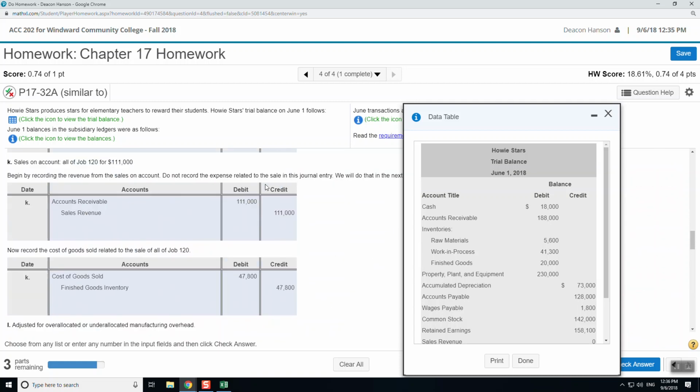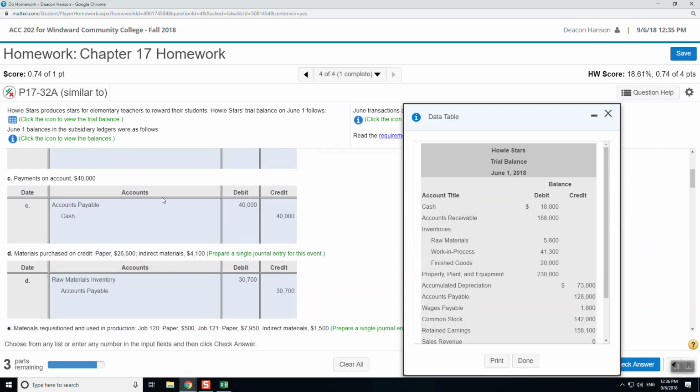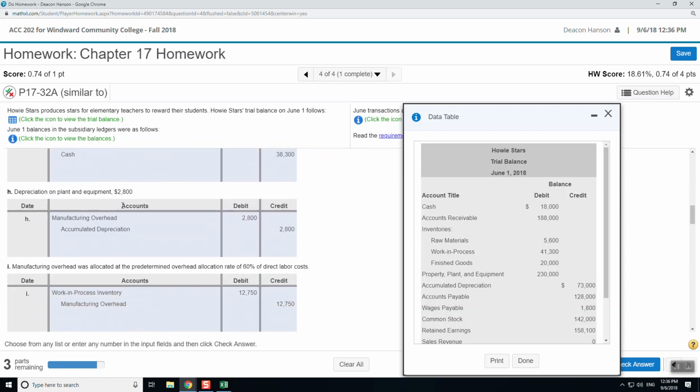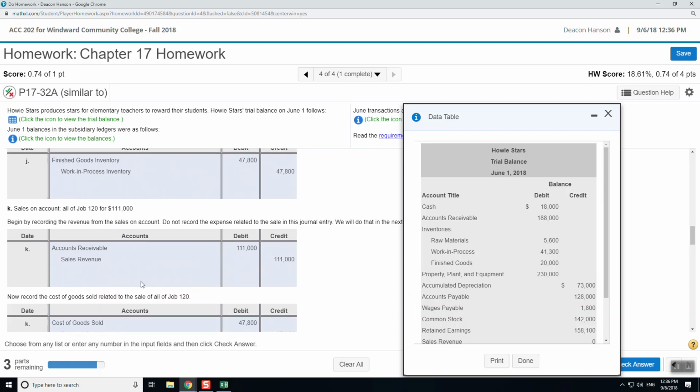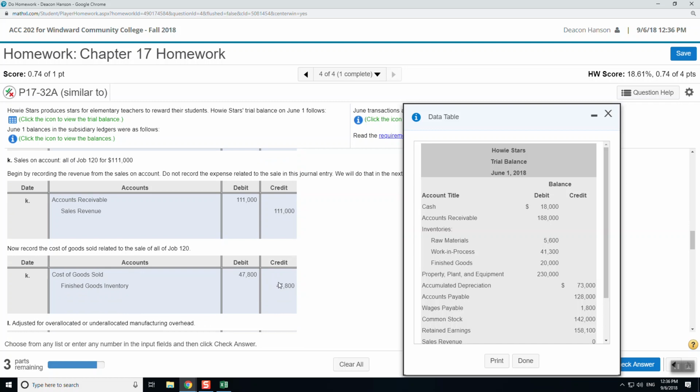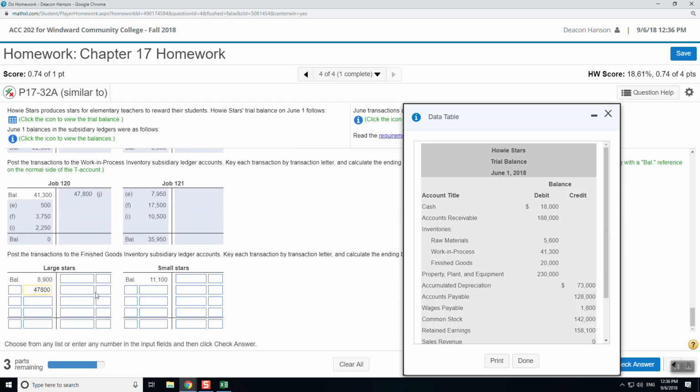And that happened in entry, yeah, J, you're right. Okay. See? I should have looked at it when I was there. Okay. J. So it came in J, and then when did it go out? It went out in K, right? So you're going to have a 47 coming in, debit, 47 going out, J and K. So it ends up being the same balance, because remember, nothing else happened.